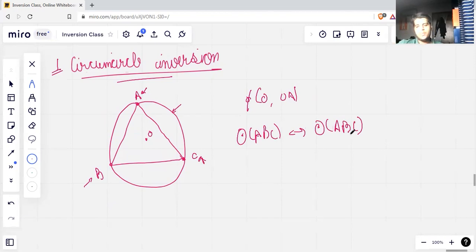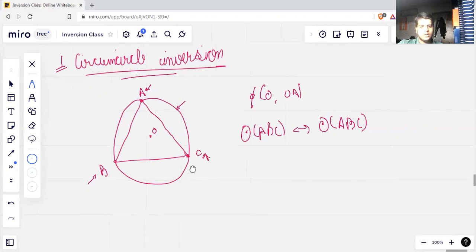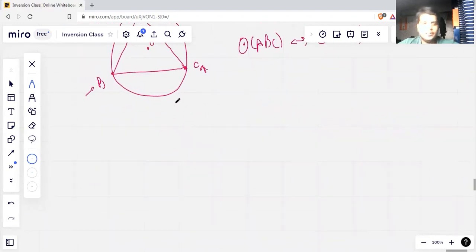To support my point, I'll give one example problem. Let me find the problem. Okay, so this is the problem.